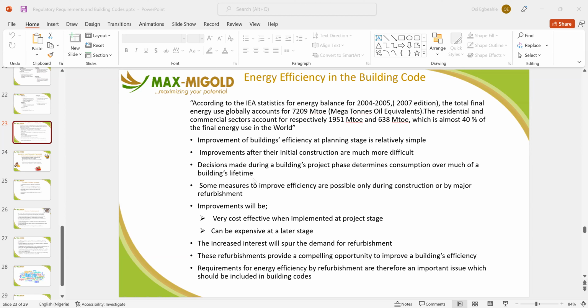Now, during the construction phase, the decisions that are taken in terms of the construction will normally affect the building's consumption. When you are doing a building, the electrical and mechanical fittings, if you design them in such a manner that you use most of the energy saving equipment, inverter direct air conditioning systems, inverter direct blower systems, inverter direct cookers, inverter direct refrigerators and all that.